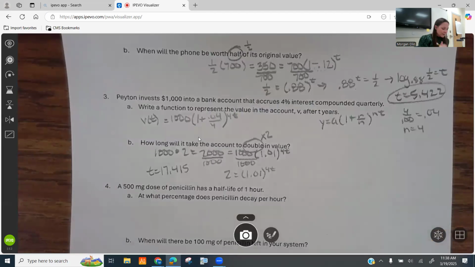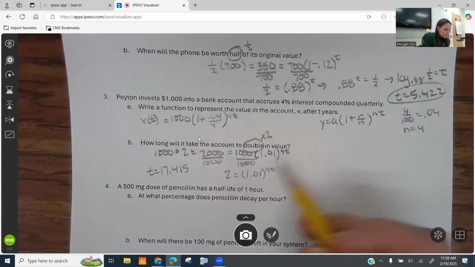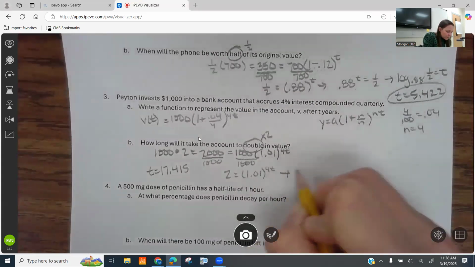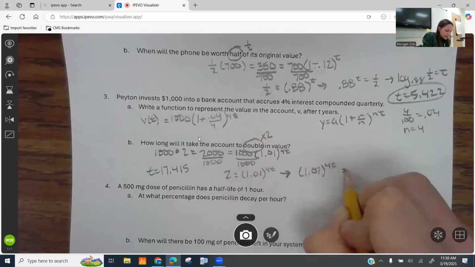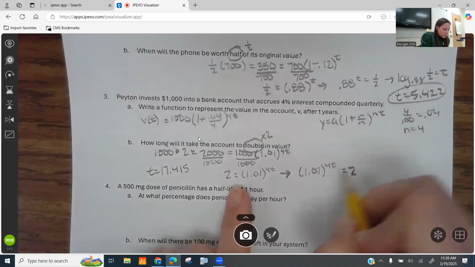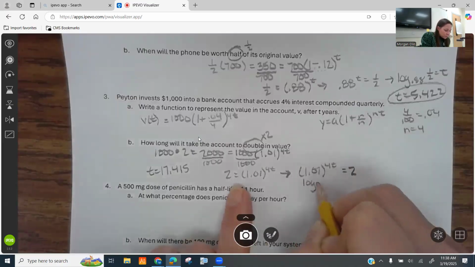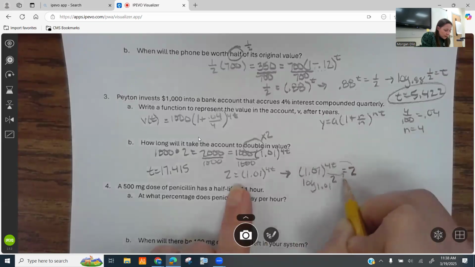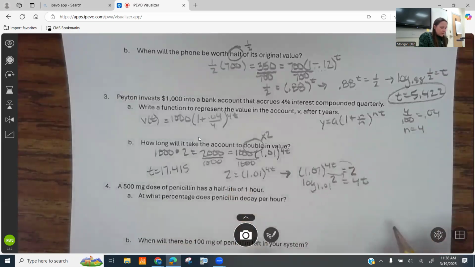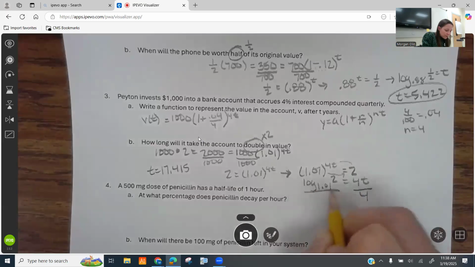We can also write this in terms of log. All right, so if I flip this around, 1.01 to the 4t equals 2, so log base 1.01 of 2, because I'm going from here to here, equals 4t. Now, the last thing I would need to do is divide by 4.